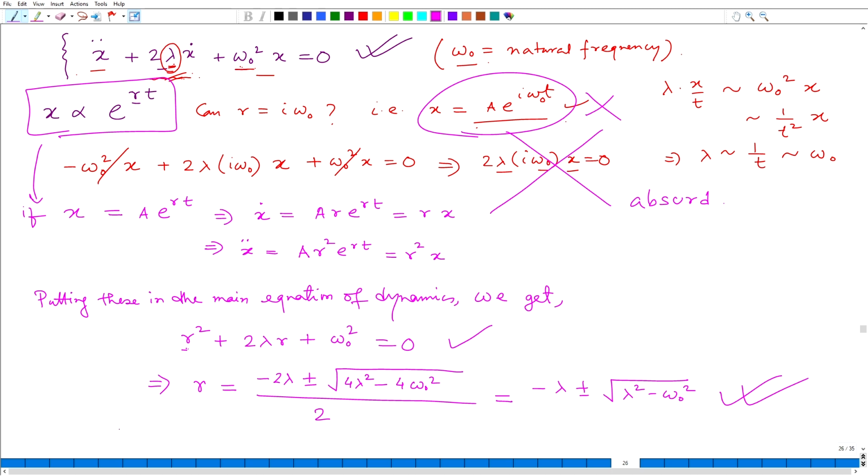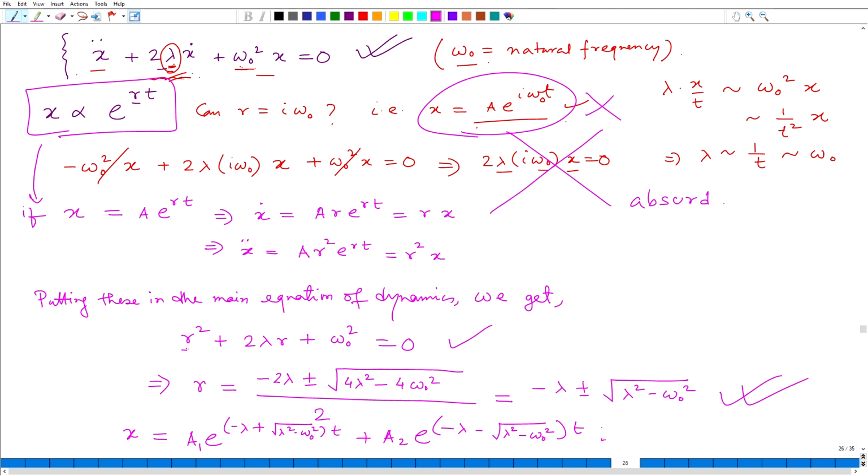Then x will simply be some a times e to the power minus lambda plus root over lambda square minus omega 0 square times t, plus, I cannot write b like this because b is already used here, so I write e1 and e2, e to the power minus lambda minus root over lambda square minus omega 0 square times t. So, I will simply take x like this.